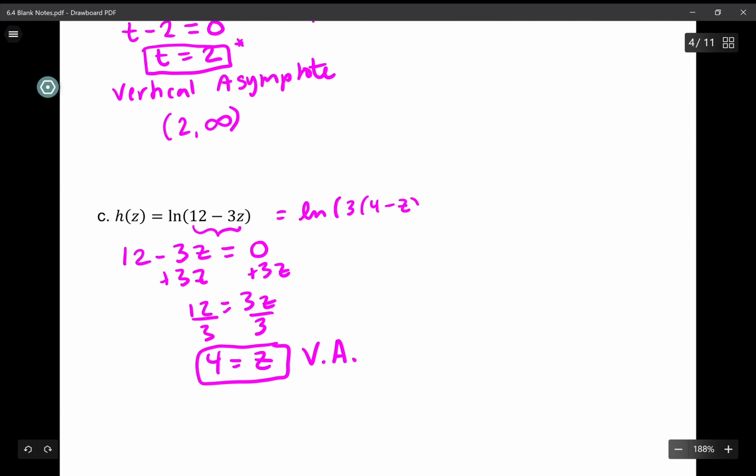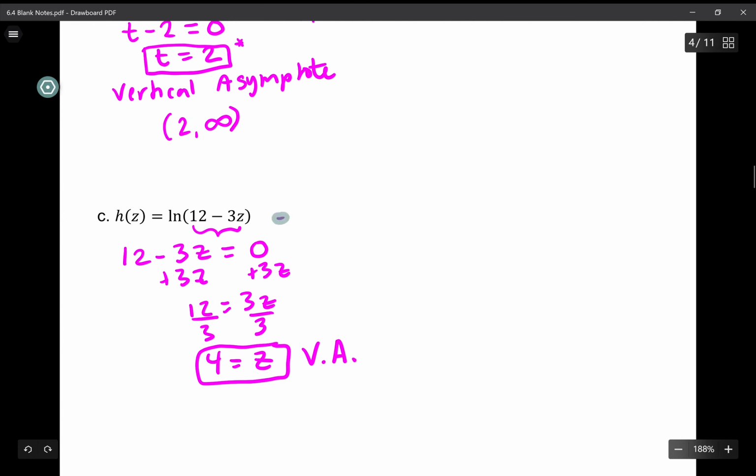I don't know if this helps or not. I think I'm making it too complicated right now.